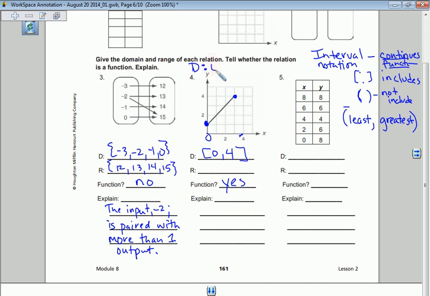Domain always goes from left to right. And you always go from your smallest, which would be the one furthest left, to your largest, the one most right. Now range is your y values, your output. And your range is going to go from bottom to top.